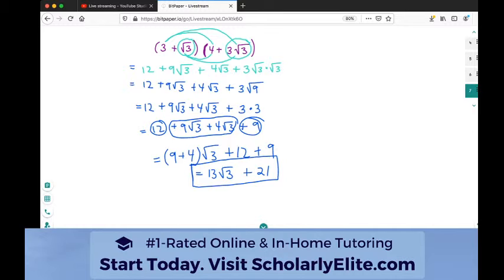So some teachers who have not been exposed to master's level and PhD level math courses might actually expect you to give a decimal answer, and that's fine. You can totally do that. You would just plug in root 3 times 13 plus 21, and you'd get like 43.52-ish. But for our purposes, we're going to leave it like this because this is the most correct way to do it.